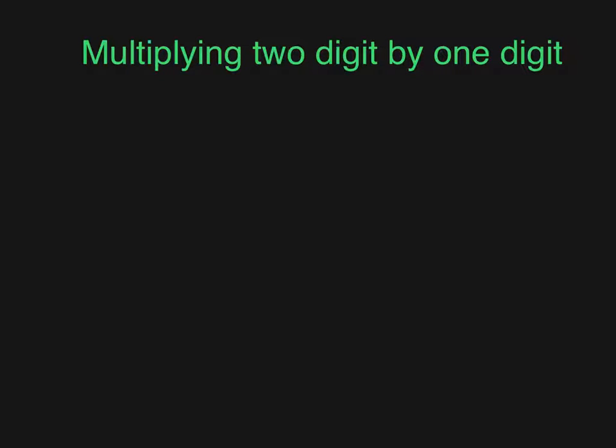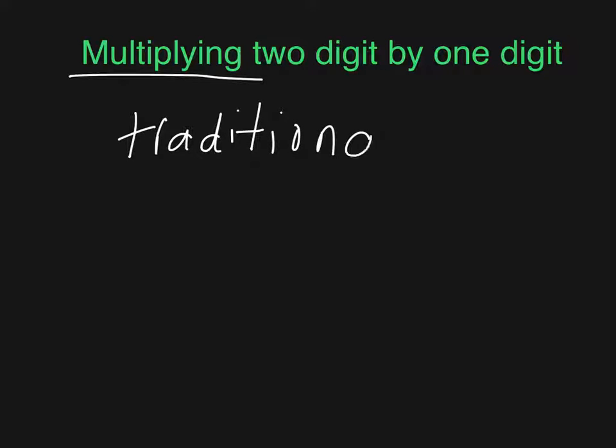Today we're going to be looking at multiplying and looking at the different ways to do so. One way would be the traditional, which seems to have been around forever. Then we have three newer ways here. There's lattice.